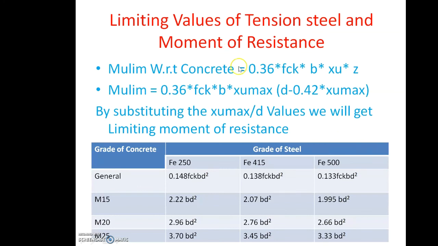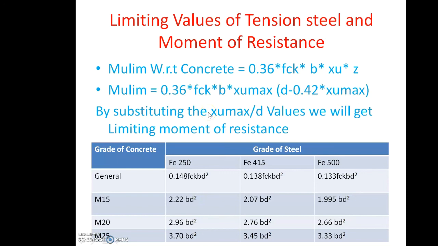The limiting values of tension steel and moment of resistance, that is Mu limiting with respect to concrete, is equal to 0.36 fck b xu into Z. In place of xu, we will substitute xu max for limiting section, that is 0.36 fck b xu max into d minus 0.42 xu max.